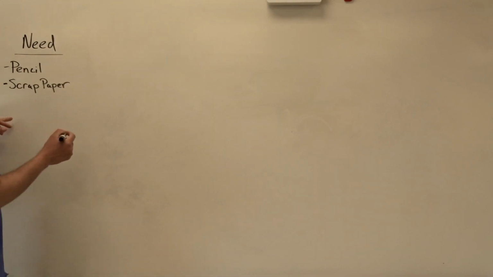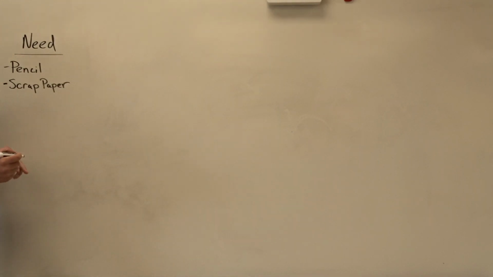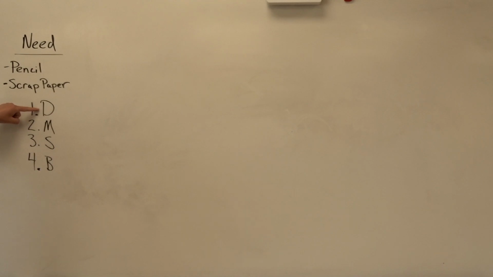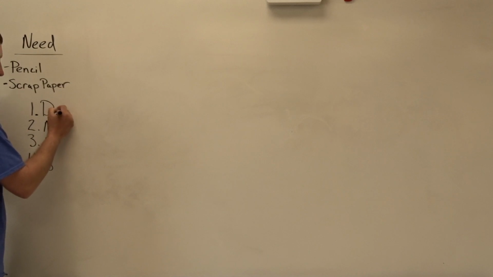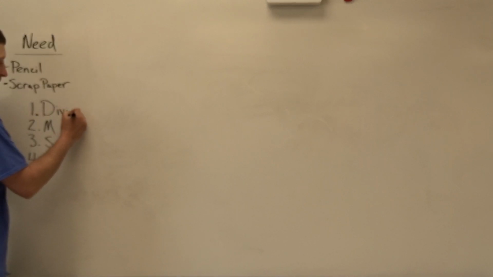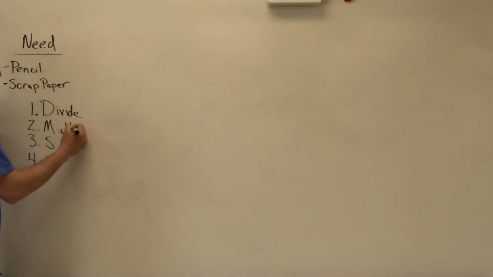When we were dividing two-digit numbers using long division before, we said there were 4 steps to this. And there were a couple different ways that we could try to remember this. During math, someone burped, or did mom serve burgers? The first step was to divide. The second step was to multiply.